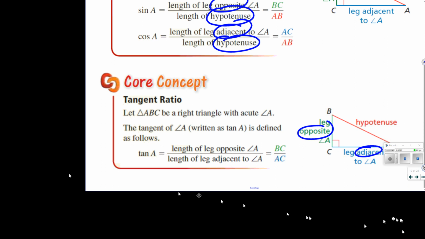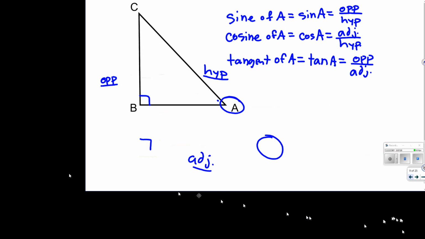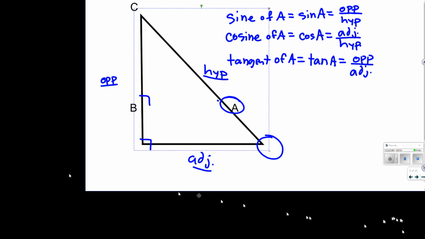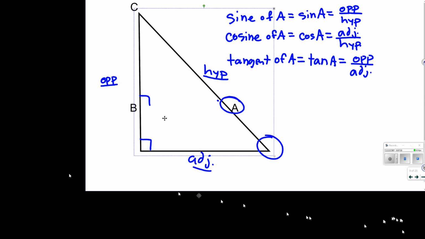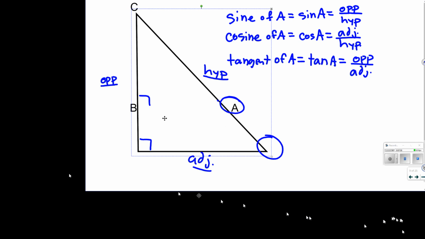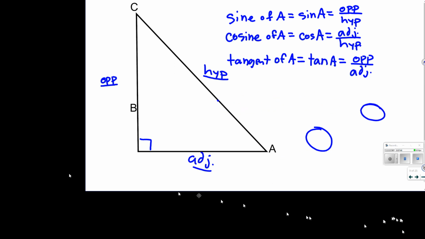One thing I was also going to mention, if I go back to this triangle ABC and enlarge it again: something important is it does matter which angle you're coming from. If I switch, and instead of saying angle A is my angle, I say angle C is my angle, look how that changes the triangle.